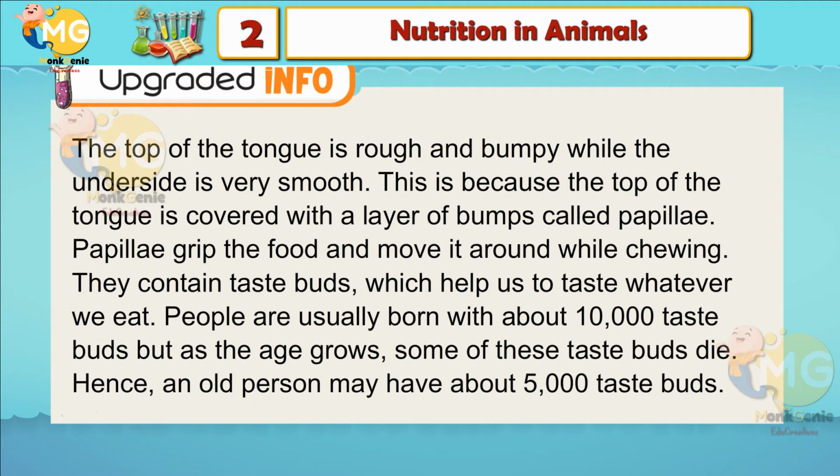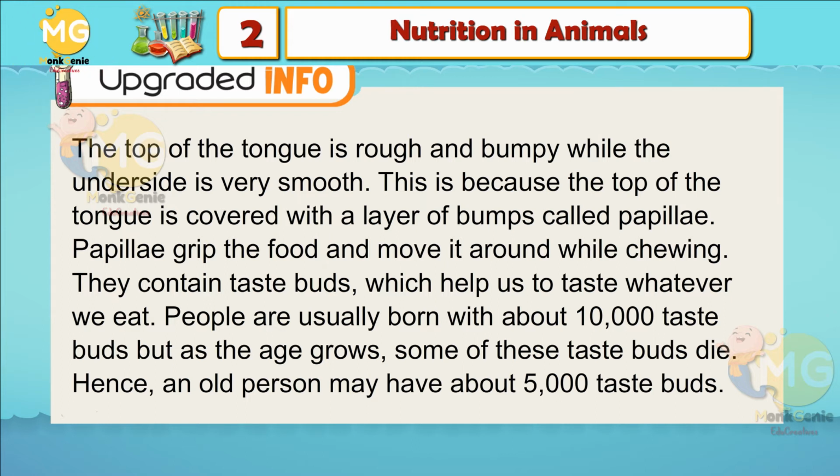Upgraded info. The top of the tongue is rough and bumpy, while the underside is very smooth. This is because the top of the tongue is covered with a layer of bumps called papillae. Papillae grip the food and move it around while chewing. They contain taste buds, which help us to taste whatever we eat.